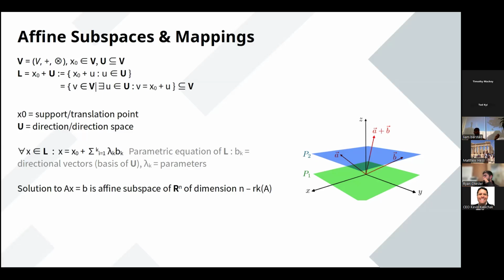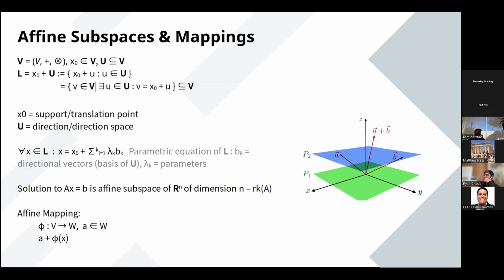So where the rank of A is the number of pivot columns that we have, n minus rank A is the number of degrees of uncertainty we have. So it's an affine subspace because it doesn't go through the origin, and it is translated by the vector B, and it's with the dimension of the degrees of uncertainty of that.